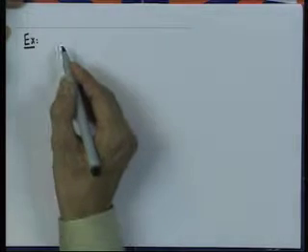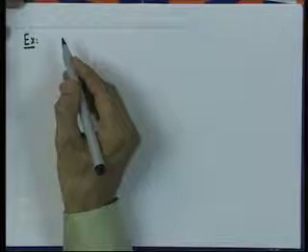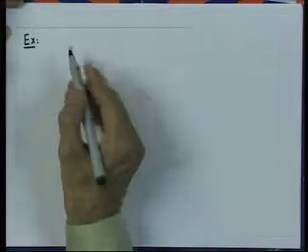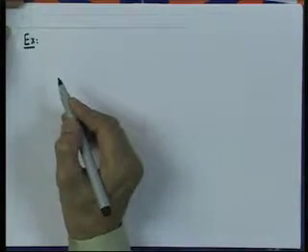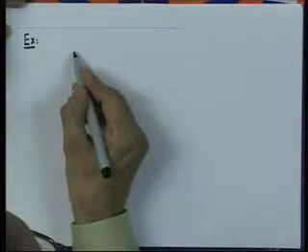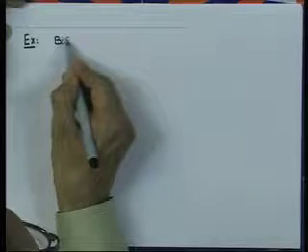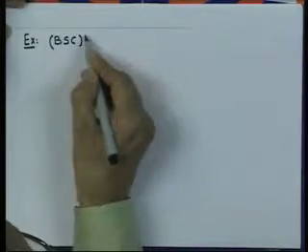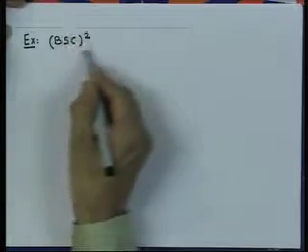Let us look at the second extension of the binary symmetric channel. So, the second extension of the binary symmetric channel will have a channel with 4 input symbols and 4 output symbols, and its channel matrix will be as shown here.